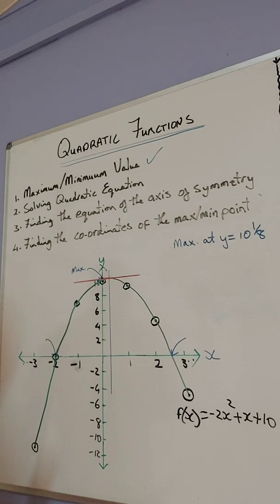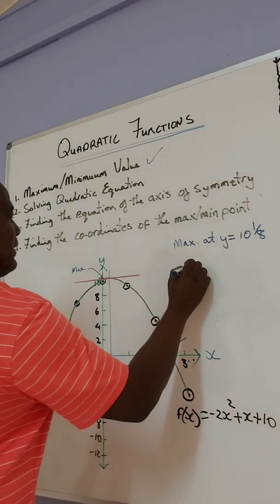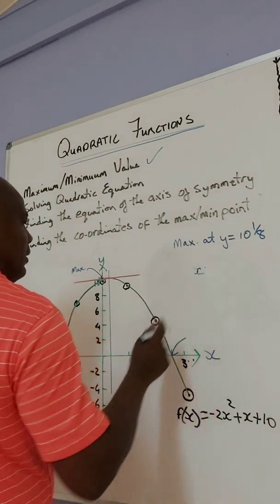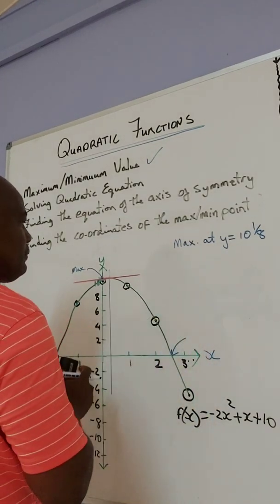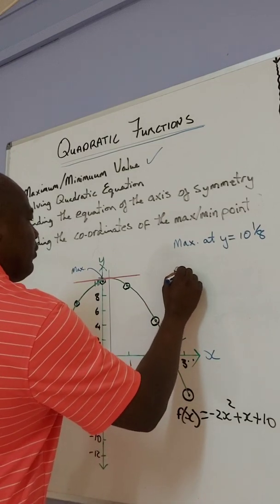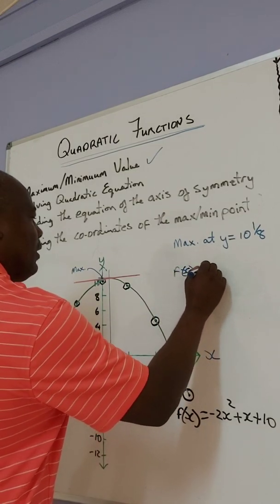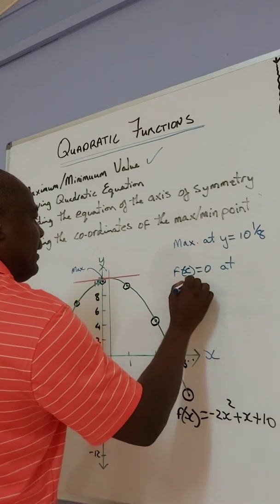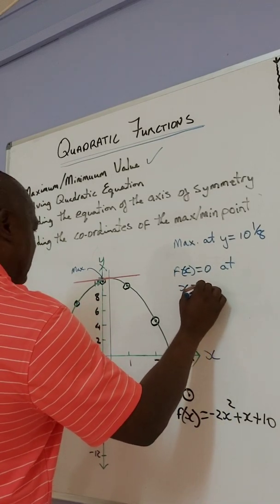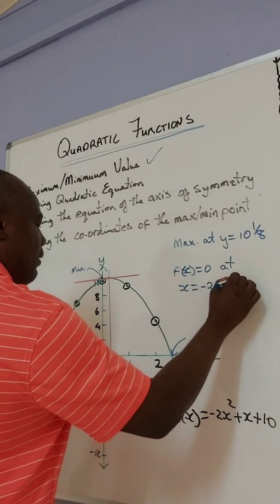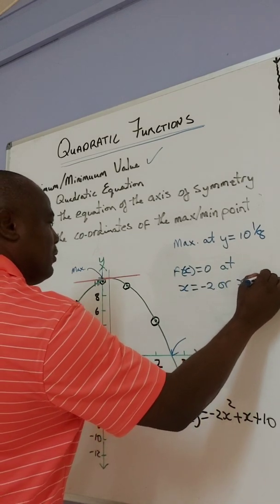Again, this is done by accurate drawing, or if you wish, you could have calculated it. Either way, your answer would have been f of x is equal to 0 at x is equal to negative 2 or x is equal to 2.5.